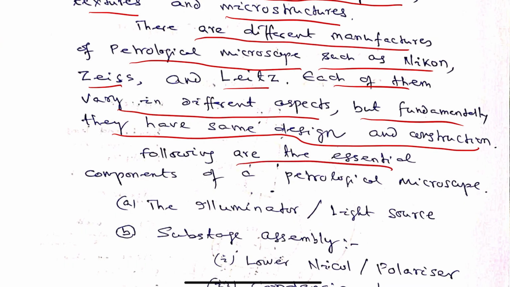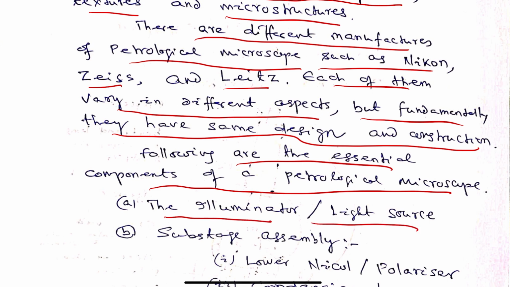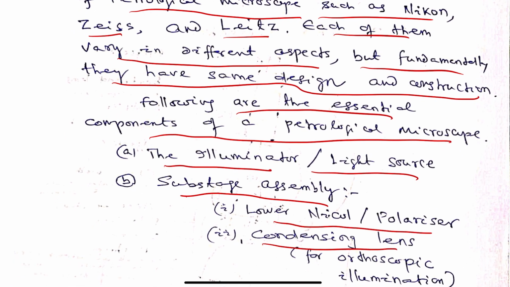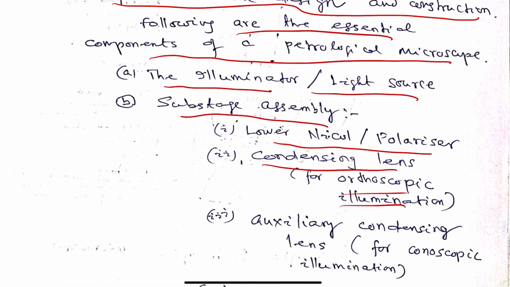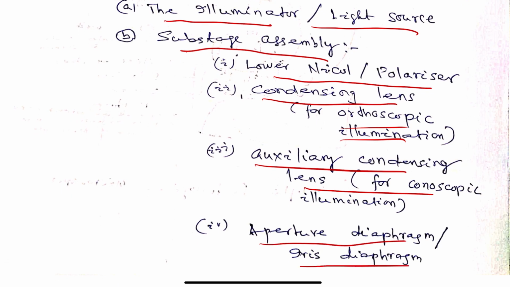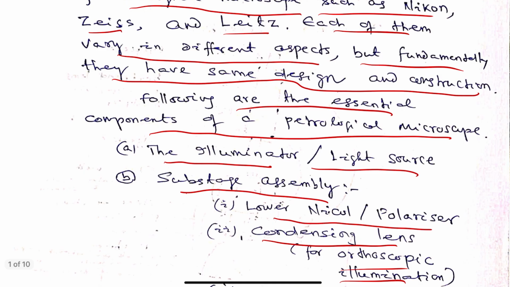Following are some of the essential components of the petrological microscope. First is the illuminator or light source, which occurs at the base. Then over it we have the substage assembly that contains the lower nicol or polarizer, condensing lens for orthoscopic illumination, and the auxiliary condensing lens for conoscopic illumination, followed by the aperture or diaphragm.